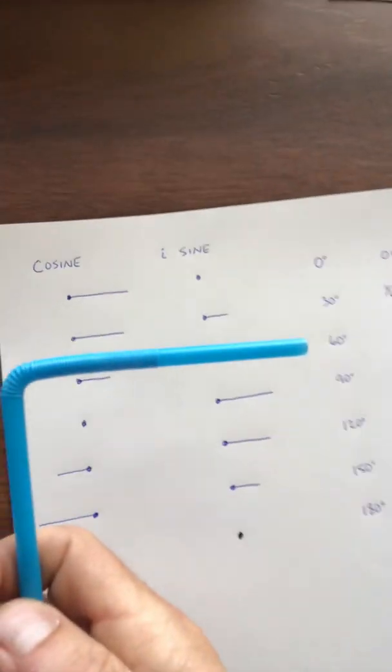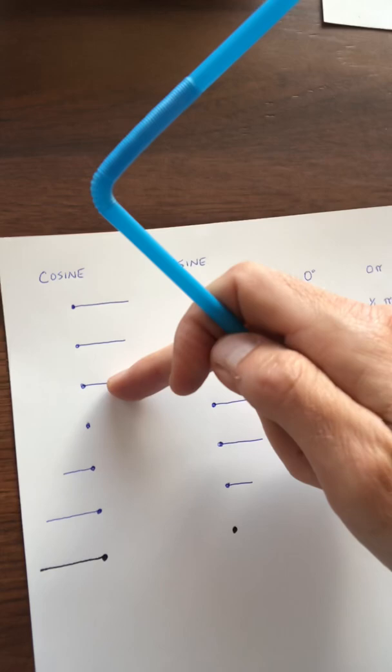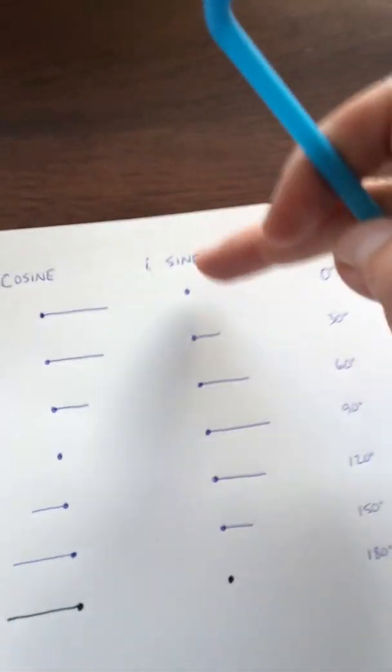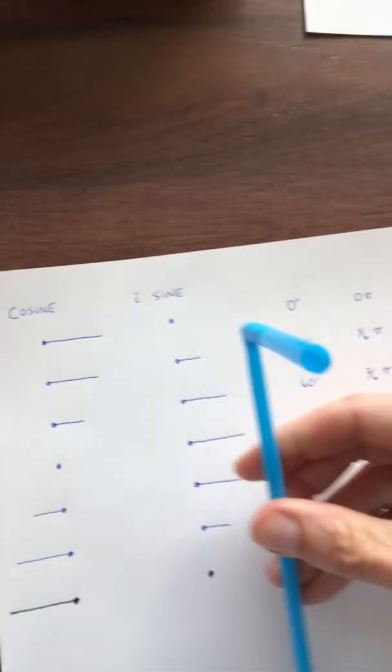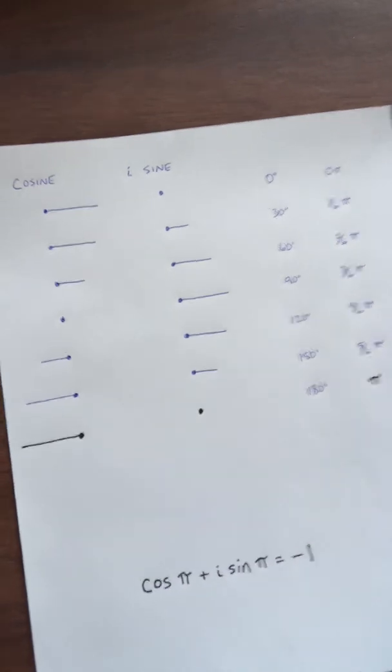On a piece of paper, here's what it looks like. You have cosine here, where we had the straw this way, and then we rotated it, and it went smaller, smaller, appeared to disappear, and then it got larger and larger, and that was negative 1 pointing this way. Sine in this imaginary direction was like this, and then it got bigger and bigger, got to a length of 1, and then got back down to 0 again as it rotated.